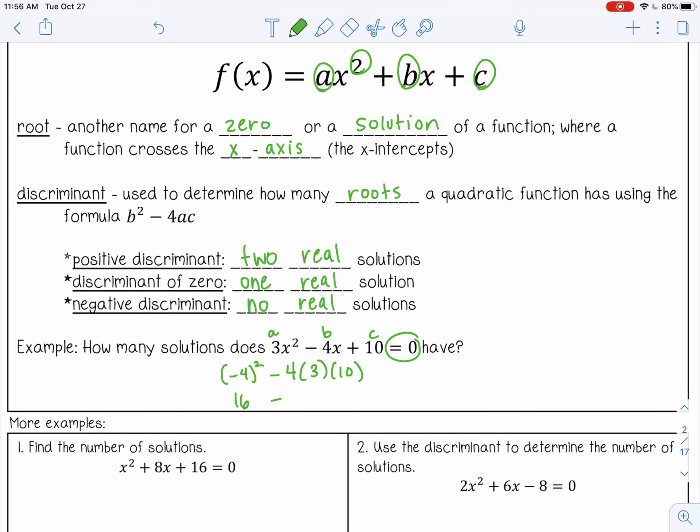And then 4 times 3 times 10, that's 120. So 16 minus 120 gives me negative 104. So because that is a negative discriminant, this quadratic function has no real solutions.